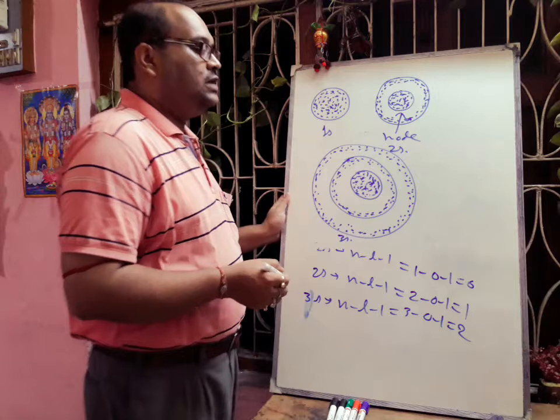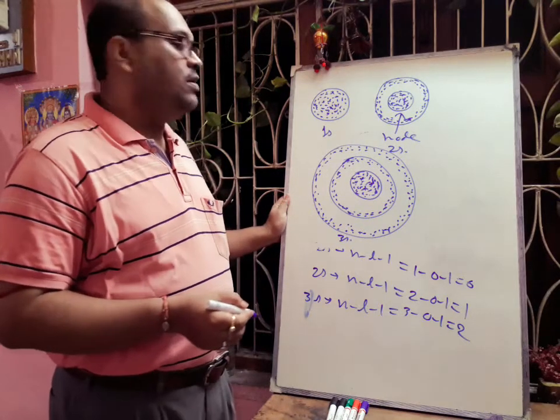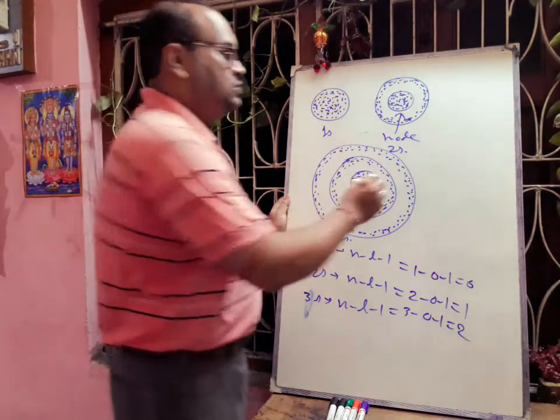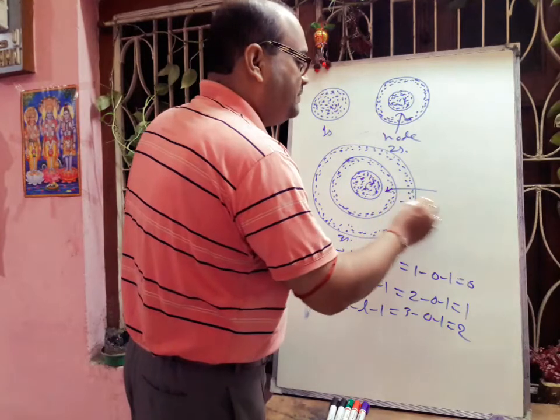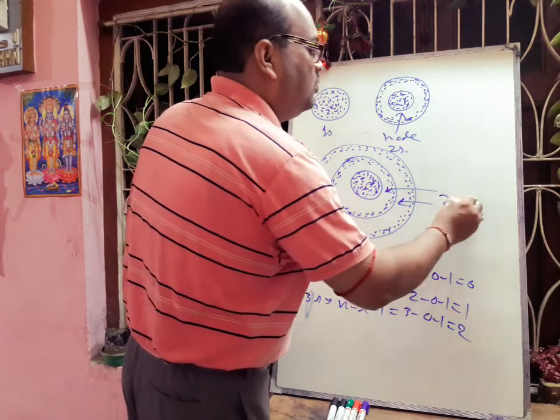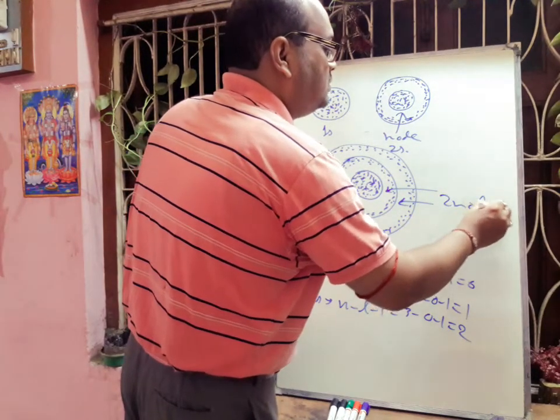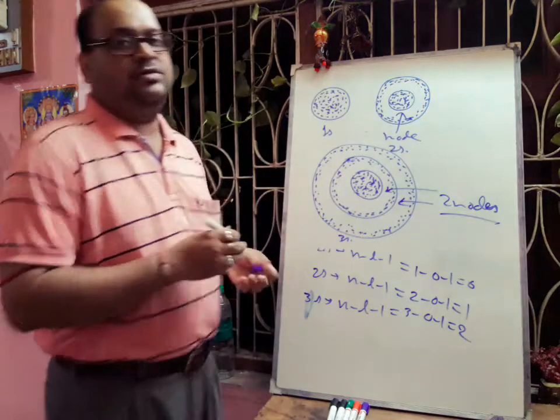So here two spaces are there where the probability of finding an electron is 0. This one is one node, this white space, and this one is a node. So two nodes are present here in the case of the 3s orbital.